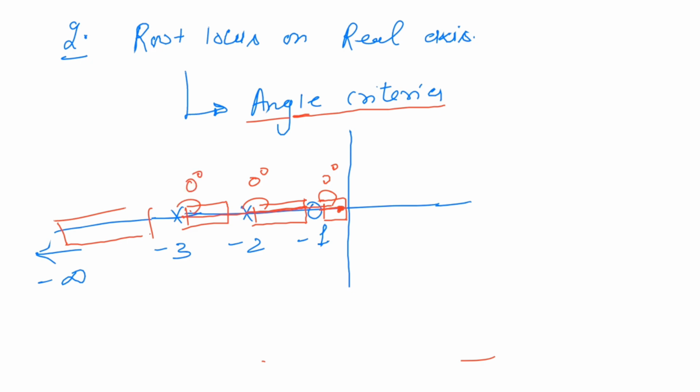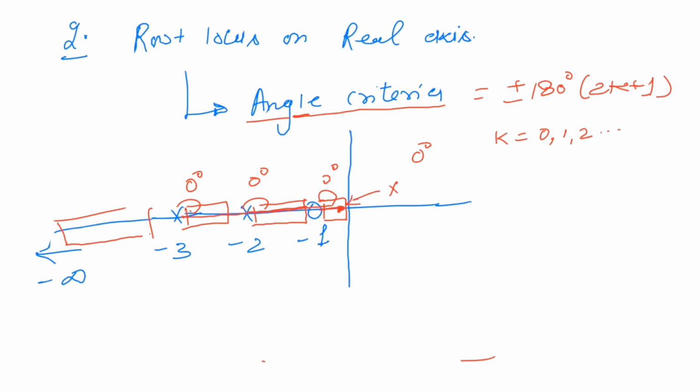So the sum of the angles made by poles and zeros remains 0 degree, and it does not satisfy your angle criteria, which is nothing but plus or minus 180 times (2k plus 1), where k varies from 0, 1, 2, and so on. So this point is not going to satisfy your angle criteria, so it is clear this point is not part of the root locus.